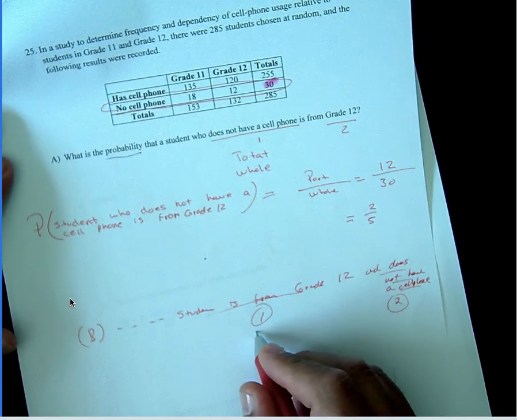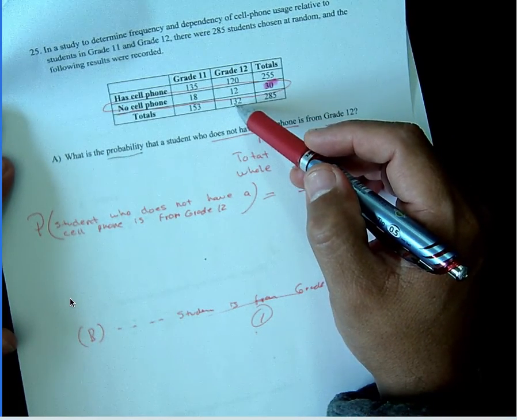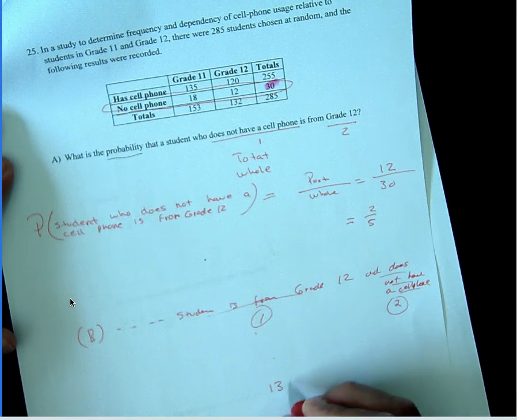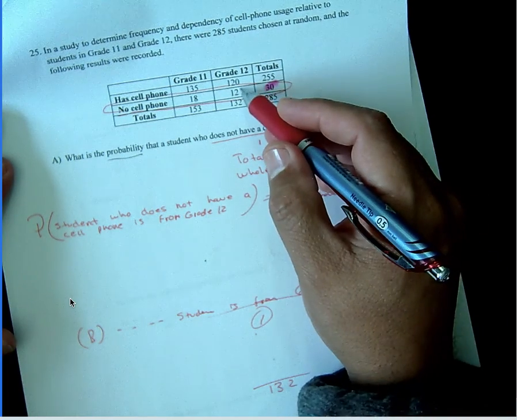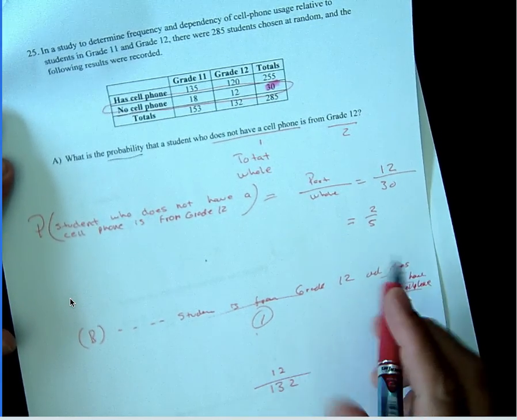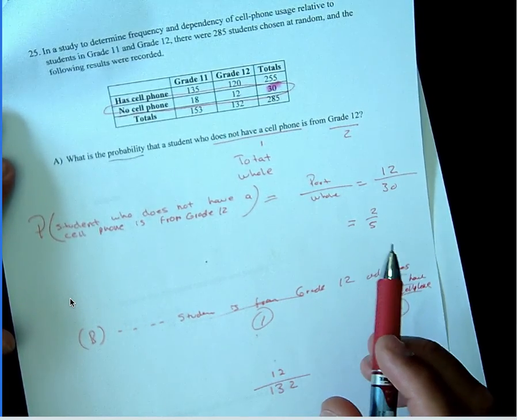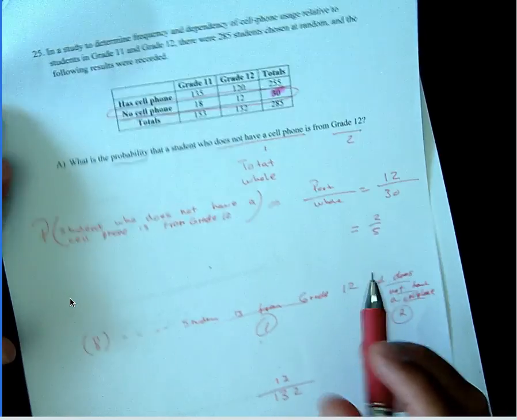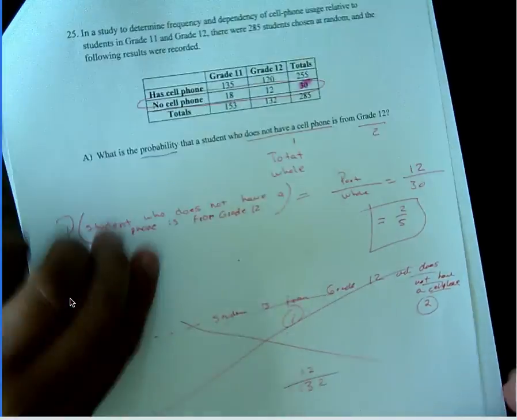The total would be here, students from grade 12, which is 132. That would be the total. And this would be the part that does not have a cell phone. So again, 12. So it's different. You need to be careful with these things. That's it. So this was the answer for this one. This is if it was asked in a different way.